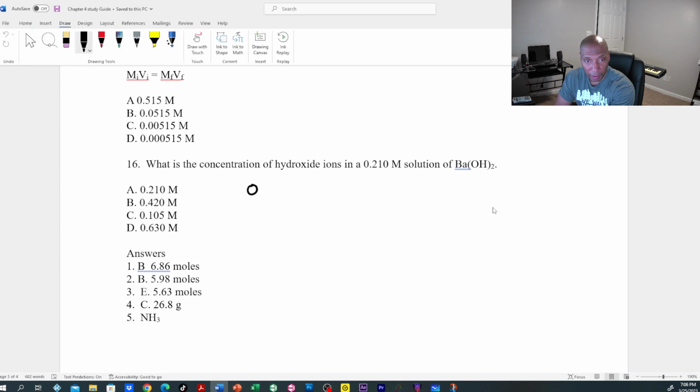Now, what we have here is, if you look at this barium hydroxide formula unit, notice that there are 2 hydroxides for every barium hydroxide formula unit. 2 hydroxides. Okay, so it's a 2-to-1 ratio.